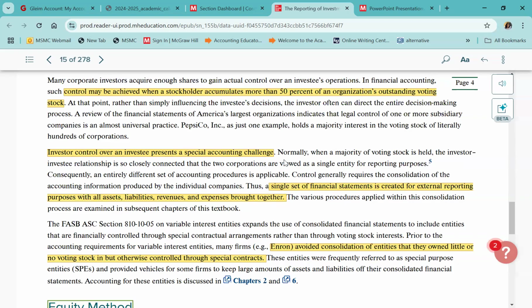Yes, consolidating journal entries are challenging. And we are going to learn how to prepare, how to combine the financial statements together when there is more than 50% ownership to have one set of financial statements. All right?